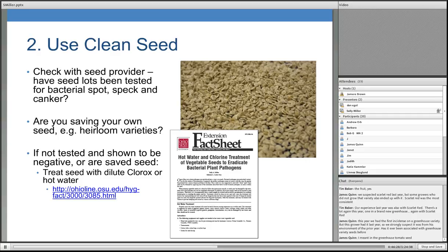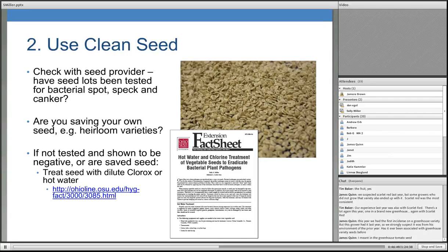Normally, if it's a small grower, it doesn't have a lot of seeds, I recommend, even for canker, the chlorine treatment, just because it's a lot simpler treatment. It doesn't require the precision that you need with a hot water treatment, or the expense, because we usually recommend getting 2 hot water baths, and that's going to be a couple $1,000s.